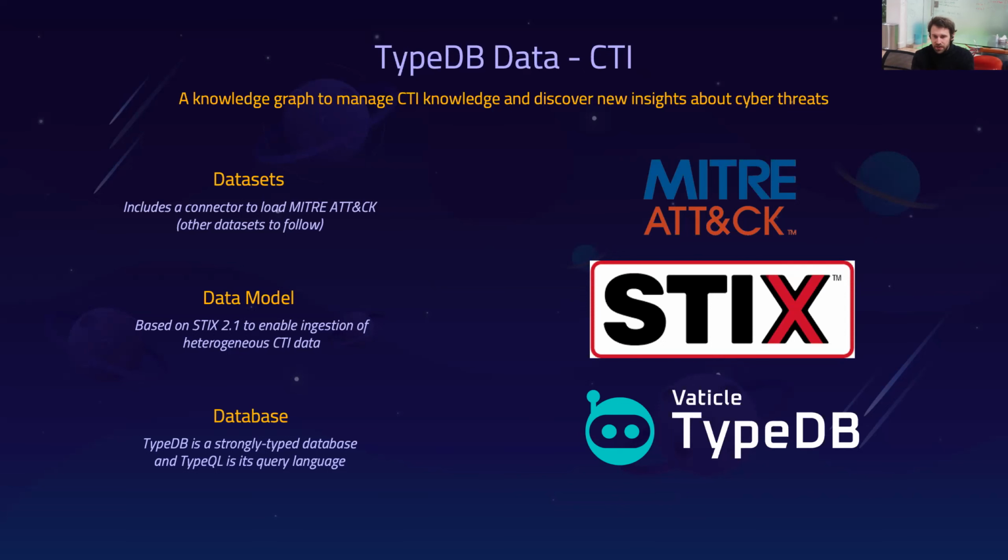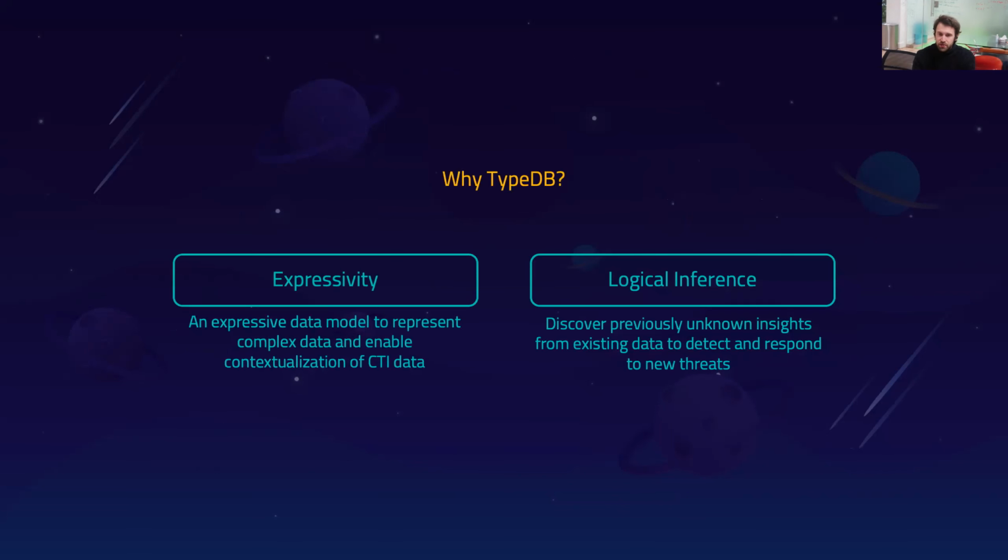But first, a couple of things why we see TypeDB being so useful. There's a lot more, by the way, to unpack here, and SK mentioned that already a little bit, and Brett will continue in a second on this. But in some ways, we can structure those into looking at the expressivity of the language and the ability to do logical inference. And when we talk about the expressivity here, we mean the expressive data model that TypeDB gives to represent complex data and enable the contextualization of that same data.